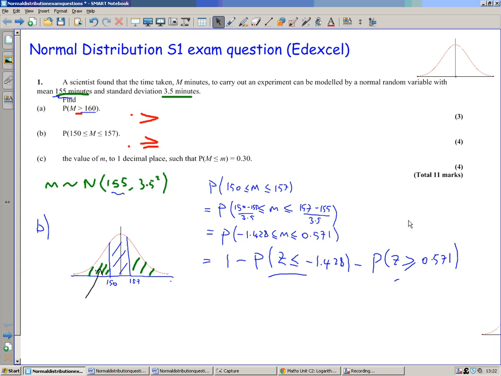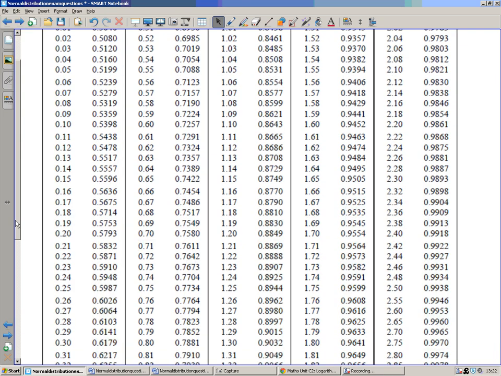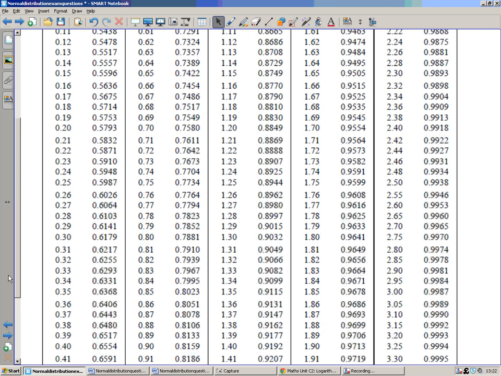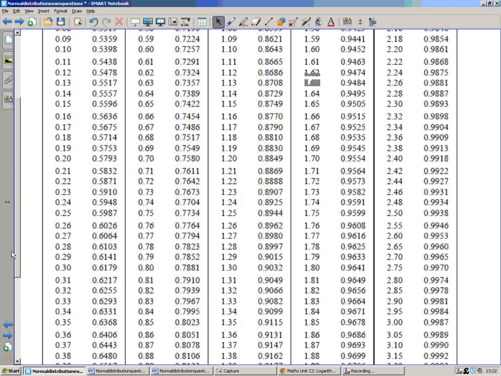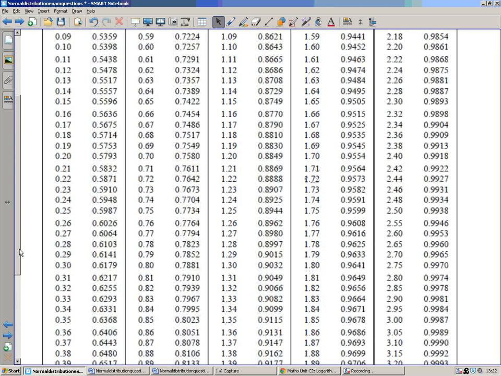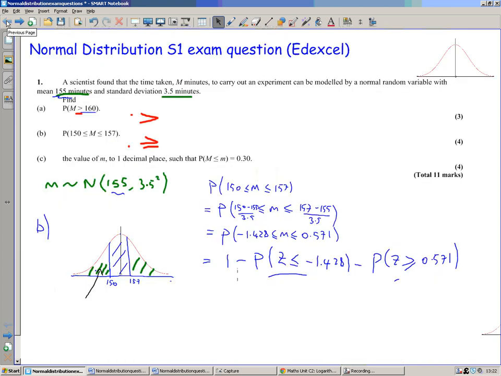If I go to read 1.43 in the table, it's 0.9236, same as before.